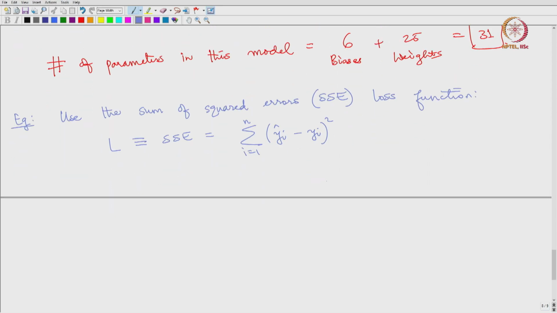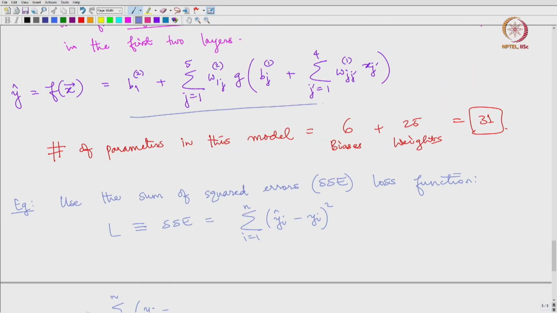Okay. So, this can be written as the sum over i going from 1 to n of y_i minus this whole big expression.